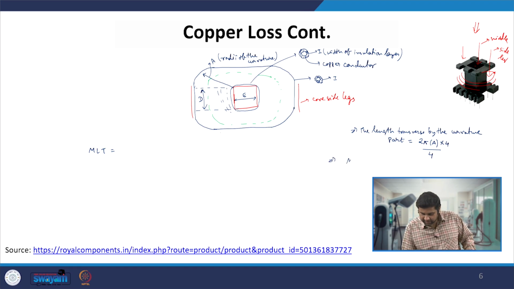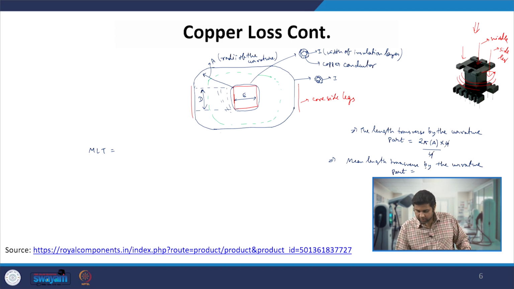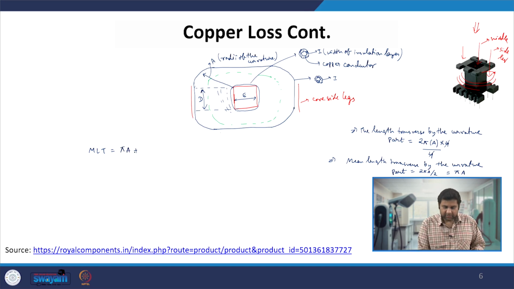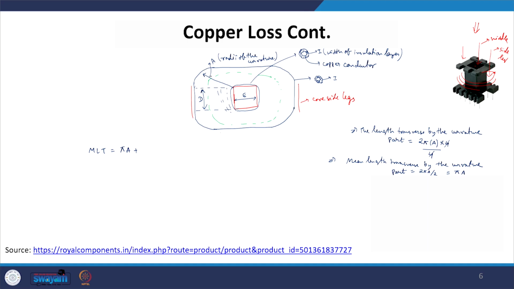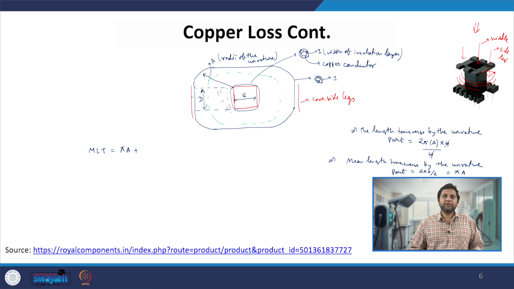So the mean length traversed by the curvature part will be equal to, here we can cut down this 4, 2 pi A divided by 2, which gives us pi A. So in MLT we can write pi A, which constitutes the curvature part, the mean length covered by the curvature part of this winding, which is wound in the entire window area, starting from one side at the wall of the bobbin to the other side, the side legs of the core.